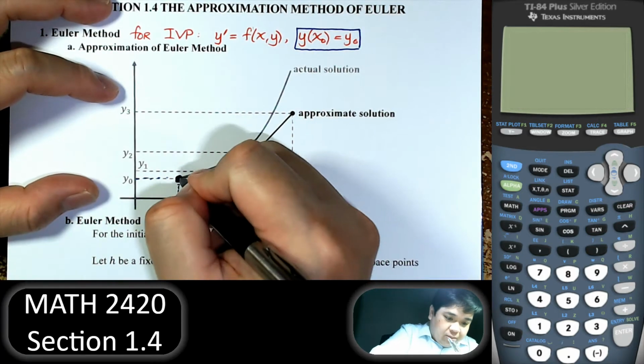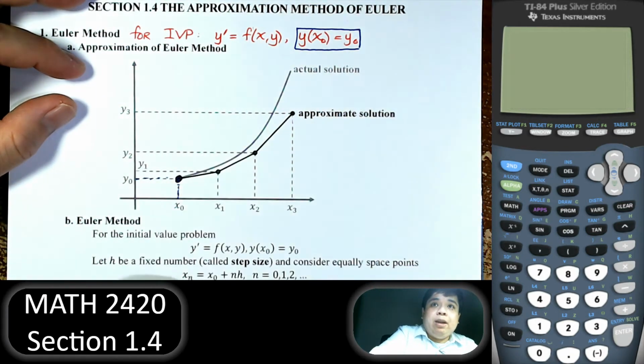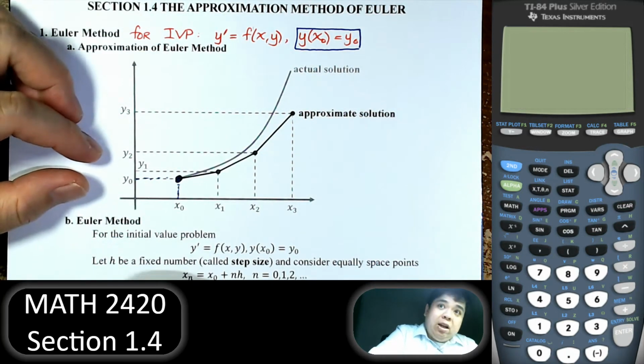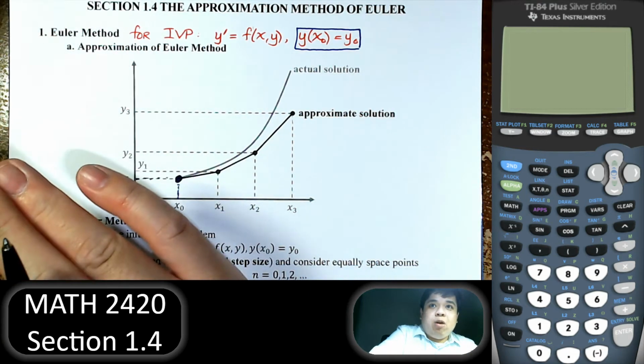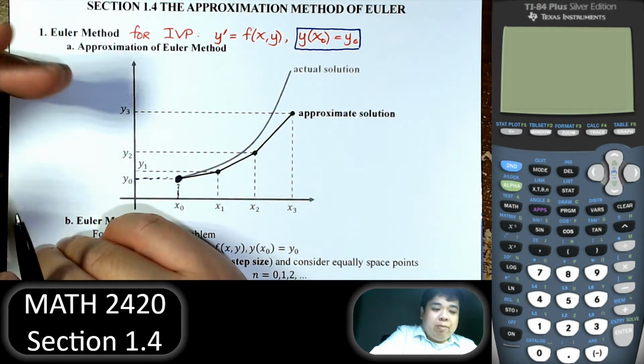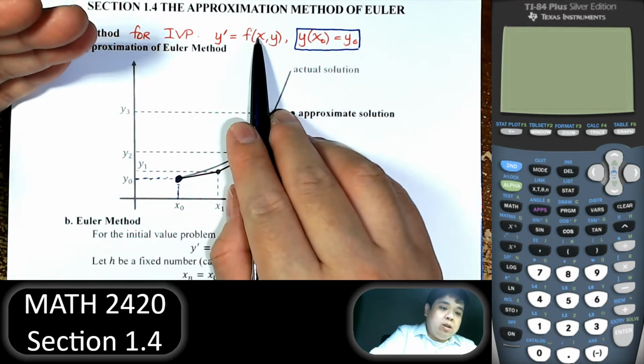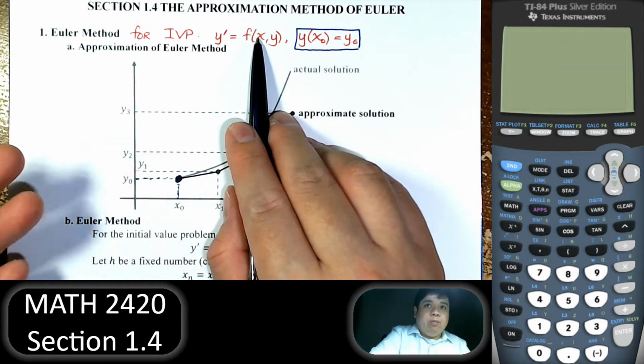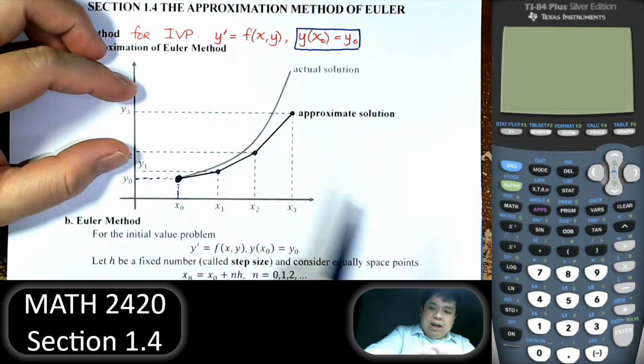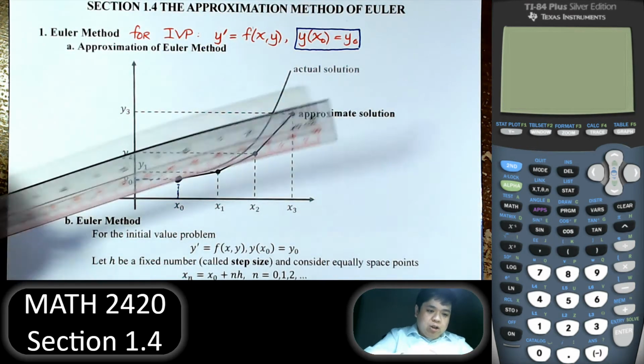That's easy. Where do we go from there? Just like the last problem, we have the direction field, so at this point x naught, y naught, we can compute the slope, and that's the direction we go.